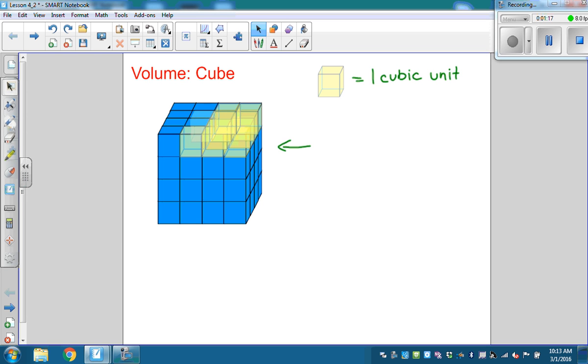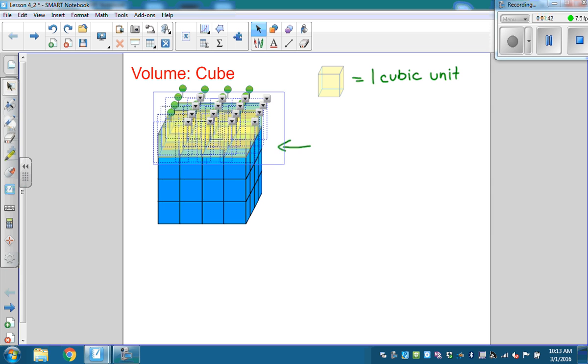And then I continue the process. It's like building blocks in your house. That's 12 cubes. And another 4 cubes will fit here. So the top row is 16 cubes.